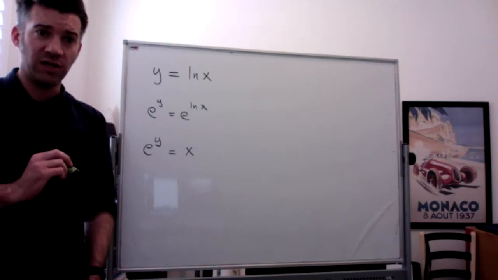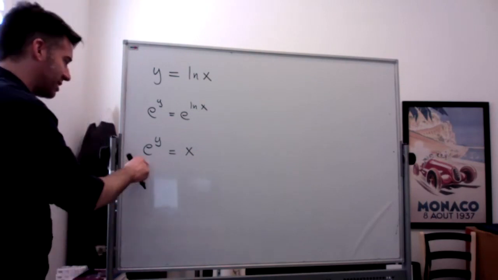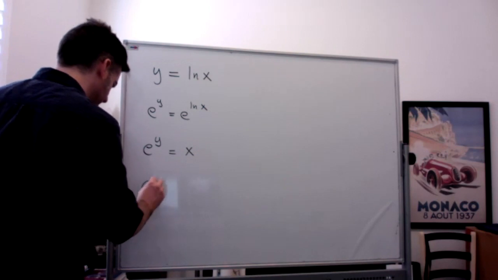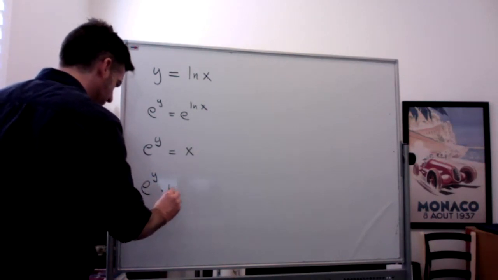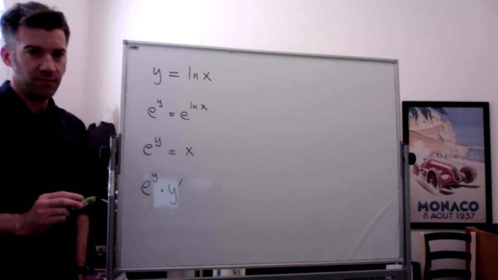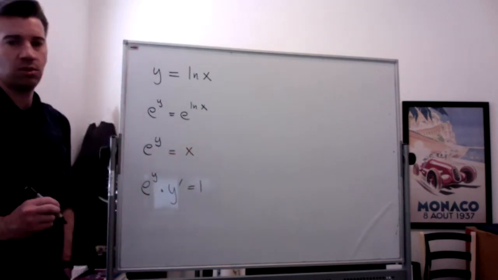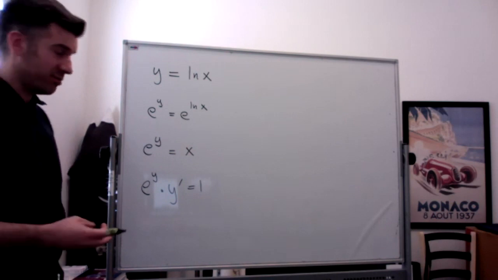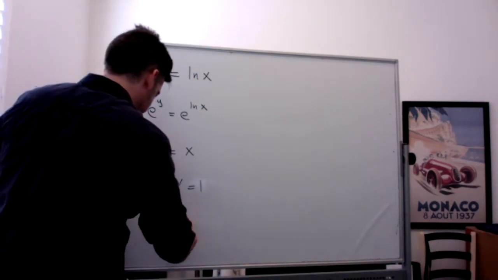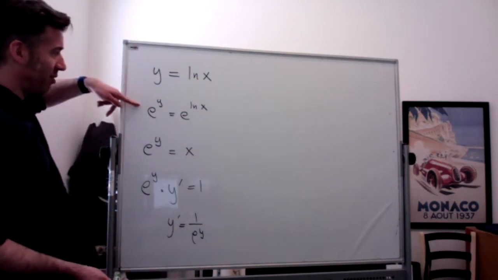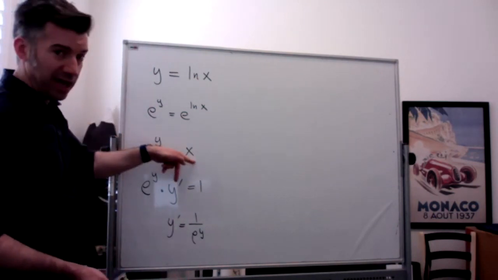All right, let's differentiate both sides. What's the derivative of e to the stuff? Oh, the derivative of e to the stuff is e to the stuff times the derivative of the stuff. What's the derivative of x? Well, that's just 1. Solve for y prime. Y prime is 1 over e to the y, but e to the y is equal to x.